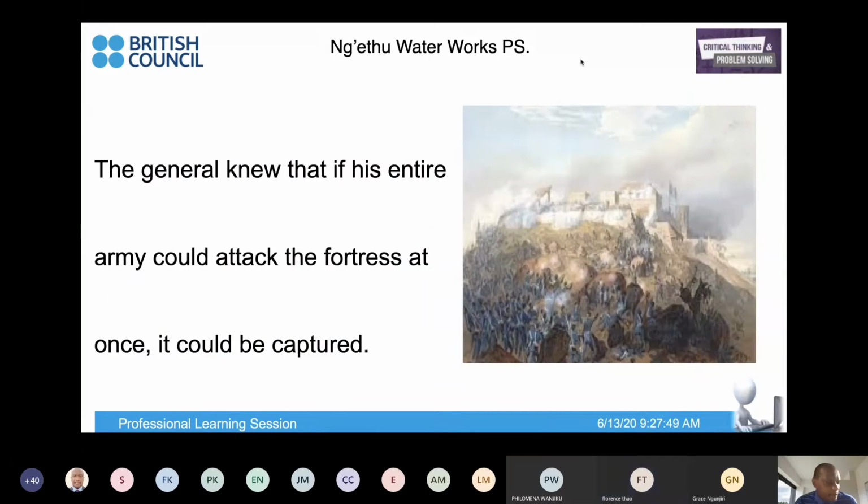Gedu? The general knew that if his entire army could attack the fortress at once, it could be captured.